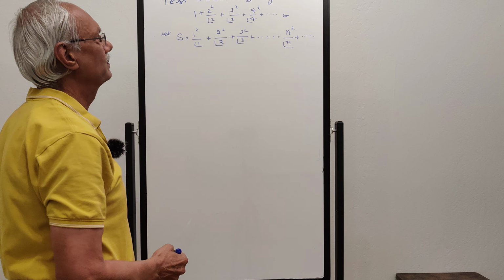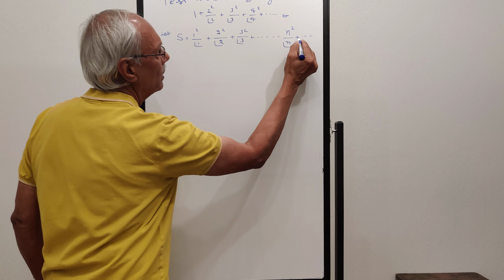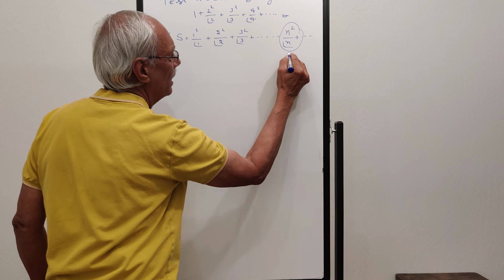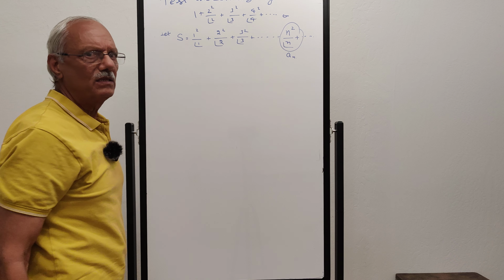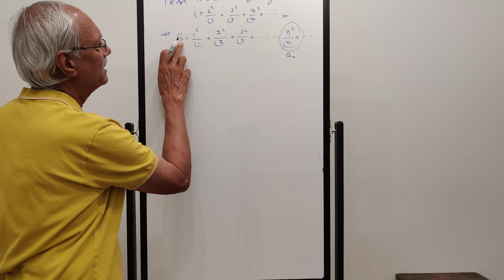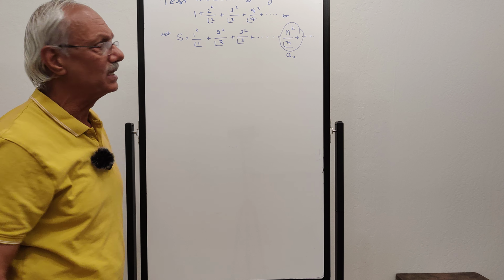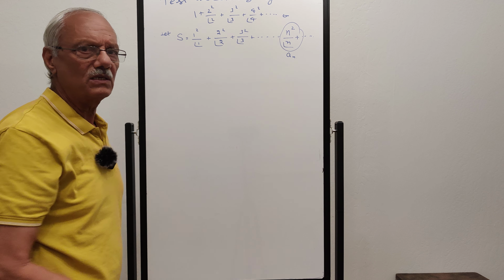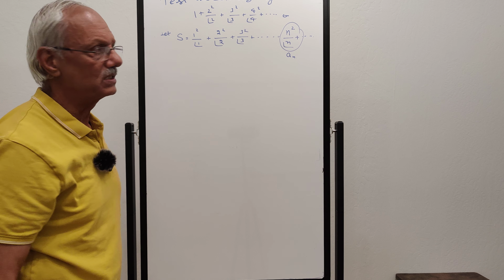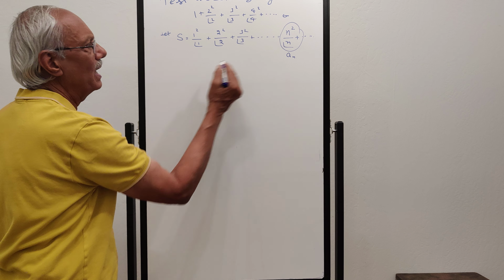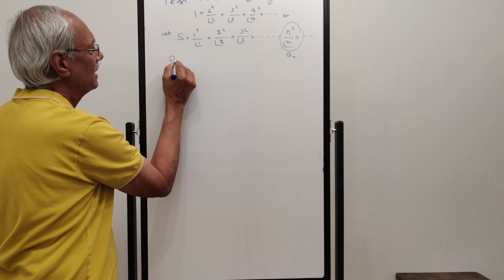It goes on like this. So naturally the nth term will be n squared by factorial n. Now we have to discuss whether this series is convergent or divergent. Now what you have to do is, let me apply D'Alembert's ratio test.